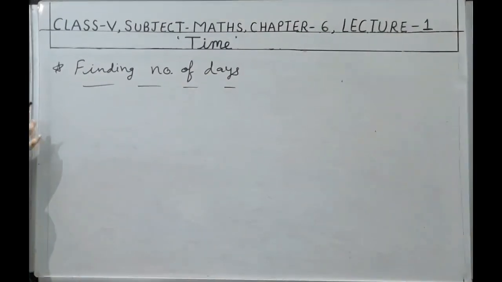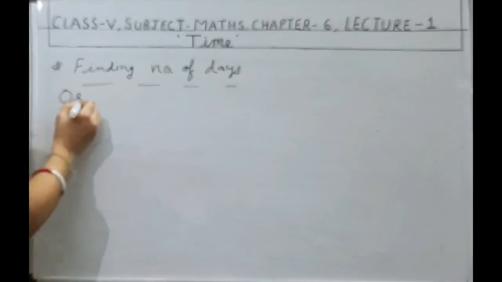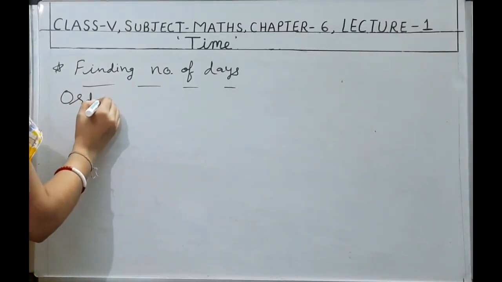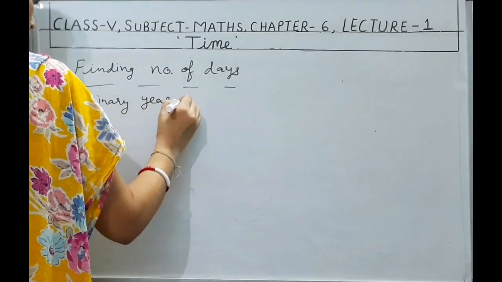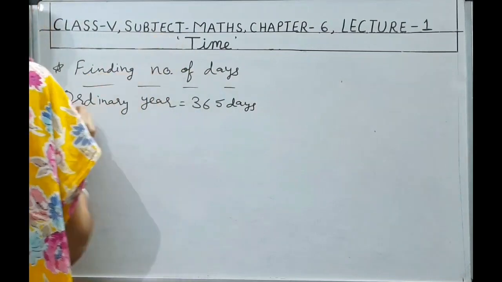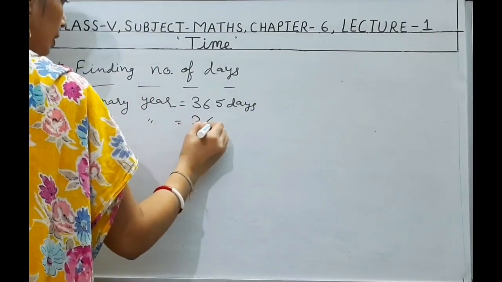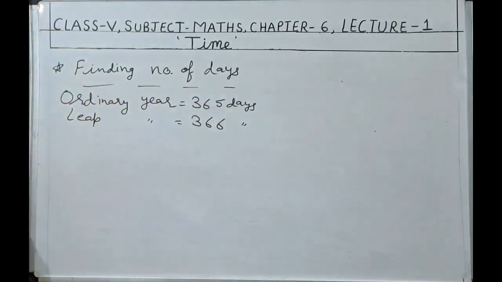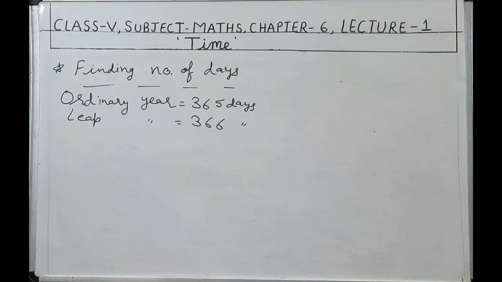To understand this, first of all we should know what is an ordinary year. The year having 365 days, and leap year, the year having 366 days. In leap year, there are 29 days in the month of February.